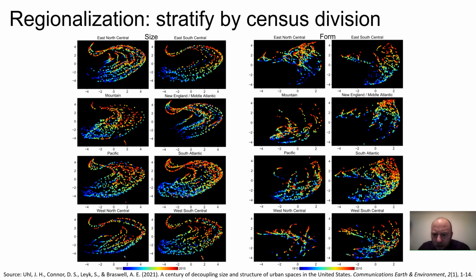You can see that, for example, South Atlantic versus the Mountain division, which is rather the West, show quite a different pattern here. So the geographic information contained in these data points by the location of the city, we can make use of this to regionalize such a visualization, which is quite interesting.